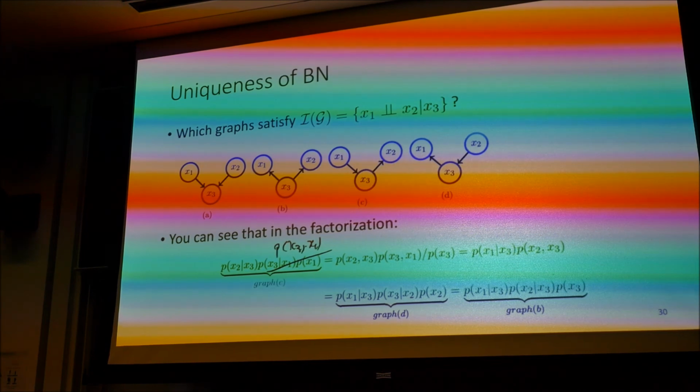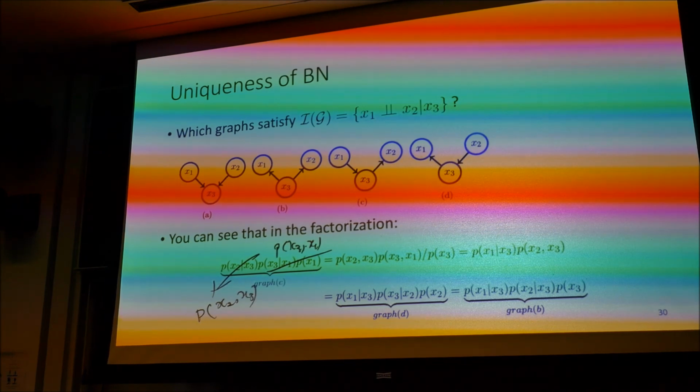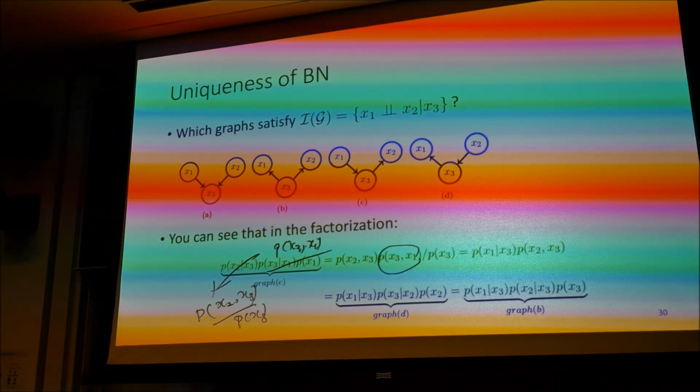It's just the chain rule; I haven't made any assumption. And I can use the Bayes rule and say, well, what is this? This one is P(X2, X3) divided by P(X3), by the Bayes rule. Agreed? And so this is this term, and this is this term.